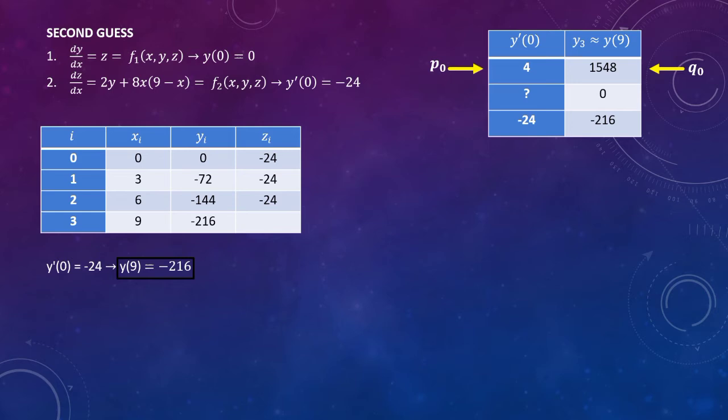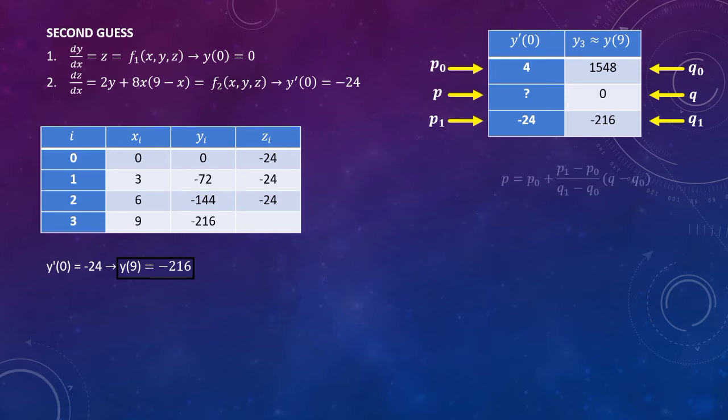For q naught, 1548. For p sub 1, negative 24, and negative 216 will be q sub 1. For the unknown, we will assign it to p, and for 0, we will assign it to q. Now we are done assigning the variables.